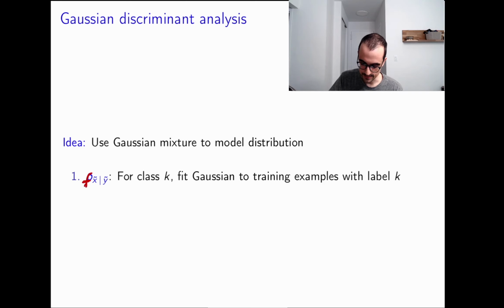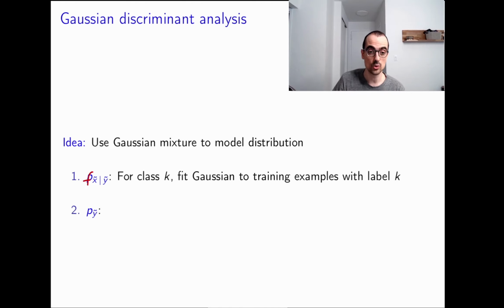I'm a bit of a stickler for this kind of stuff. Remember, the features have densities. So for each of the classes, in this case, no Alzheimer's or Alzheimer's, but we could have more classes, we're going to fit a Gaussian to the training examples that had that particular label, like we did for the men and women, right?